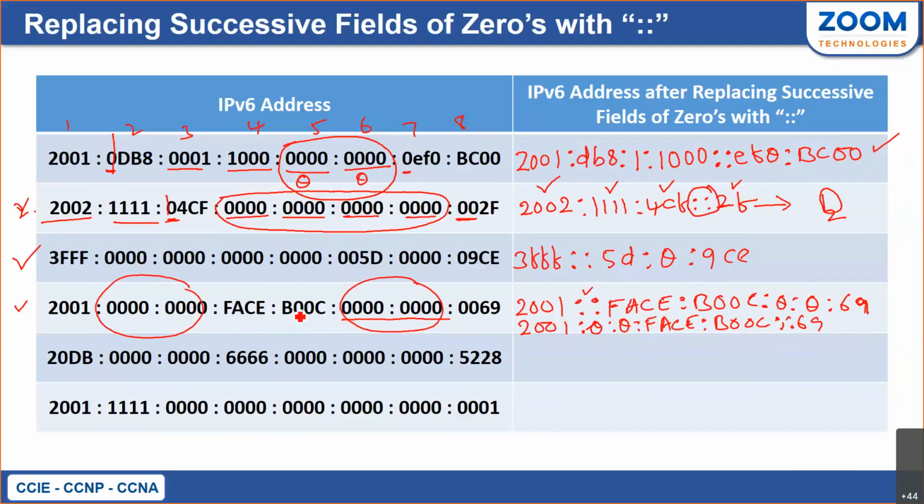All right. Now the next example is 20DB double colon 6666 colon 0 colon 00 colon 5228. Is it right?